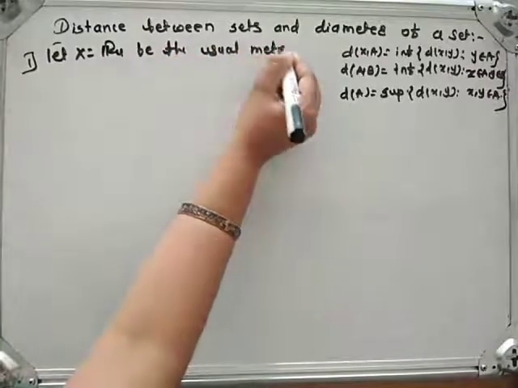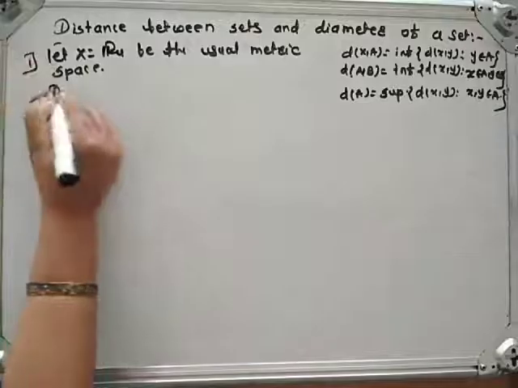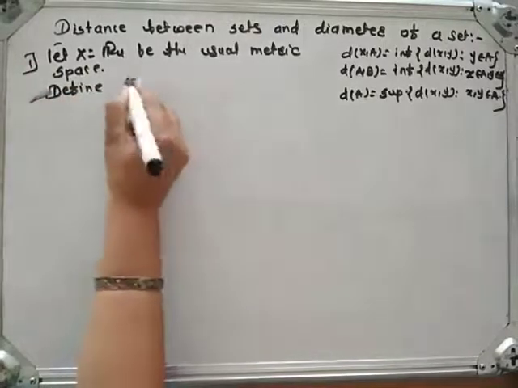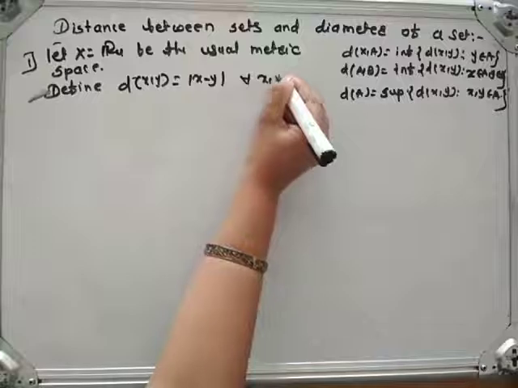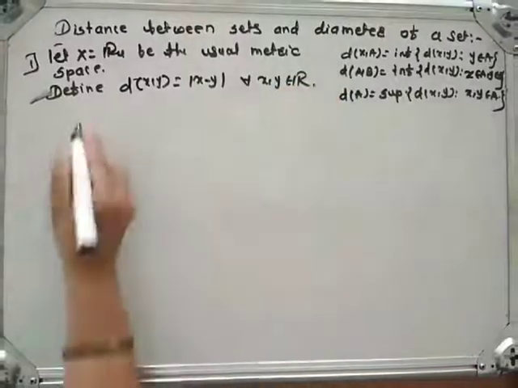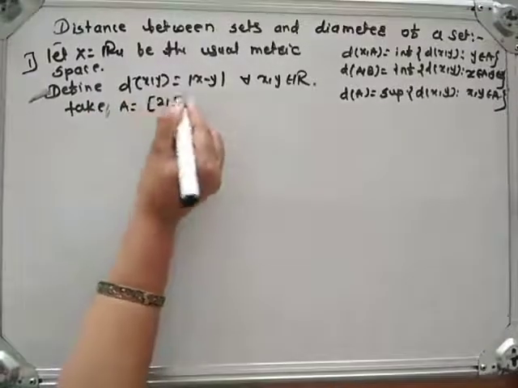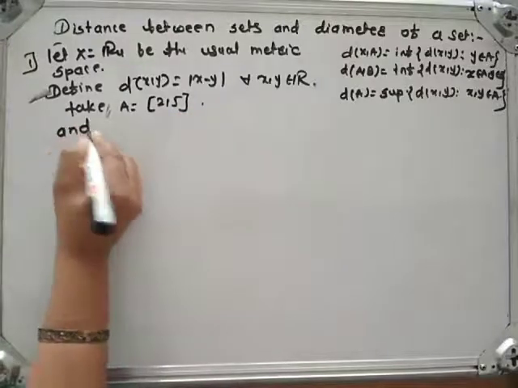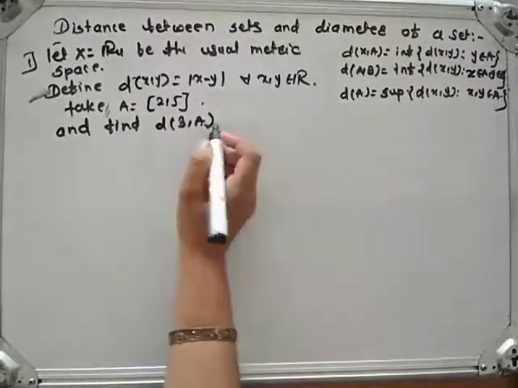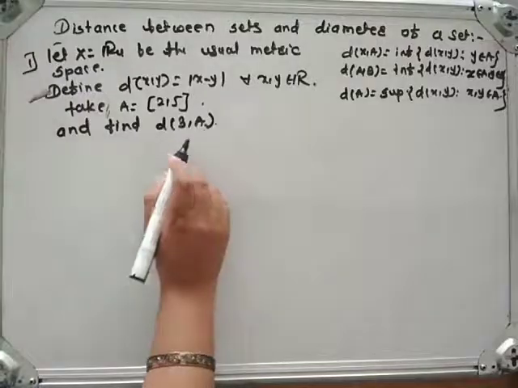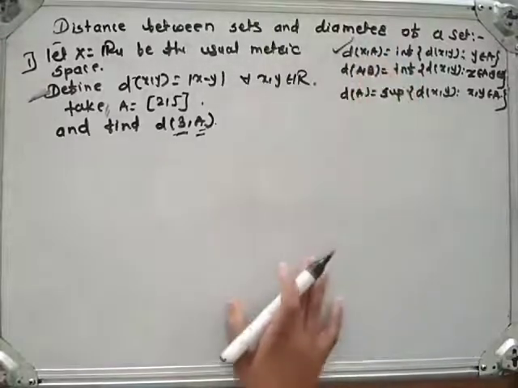In the usual metric space, we know that d(x, y) = |x - y| for all x, y belonging to R. Take A = the closed interval [2, 5] and find d(3, A). This means we have to find the distance of the point 3 from the set A, so we have to use the first definition.